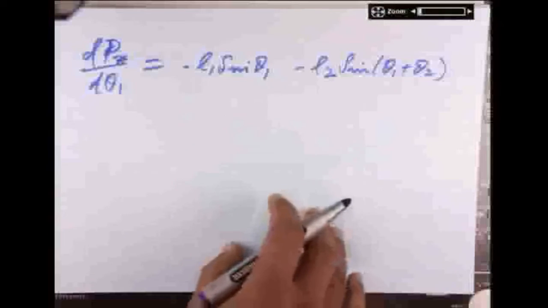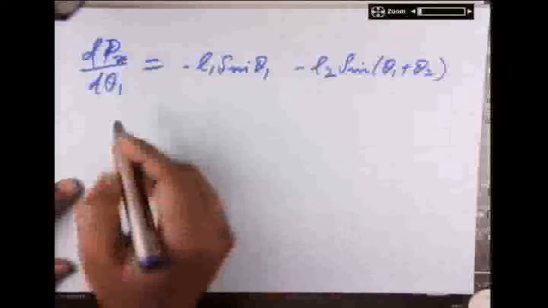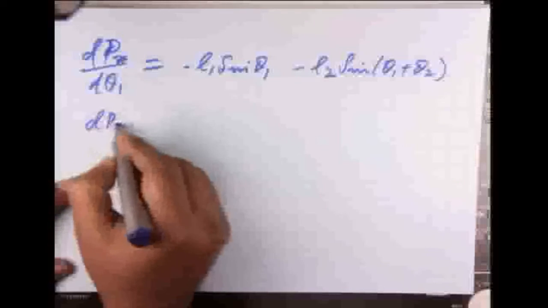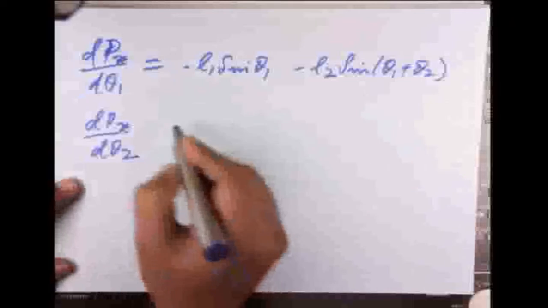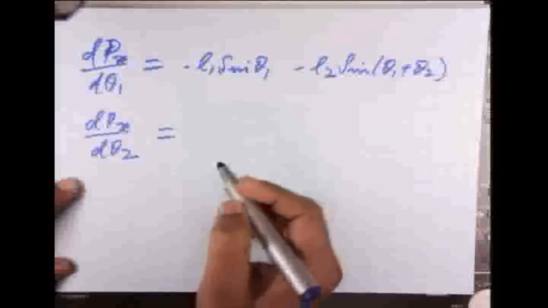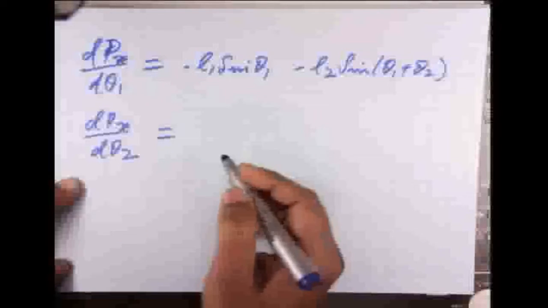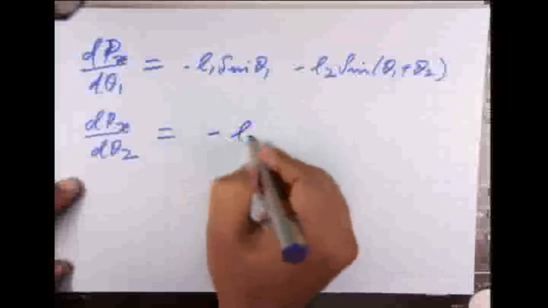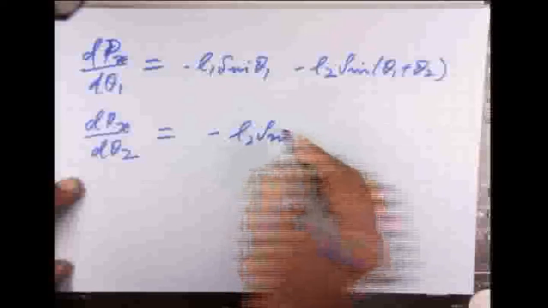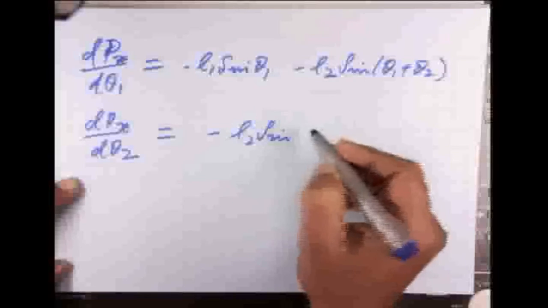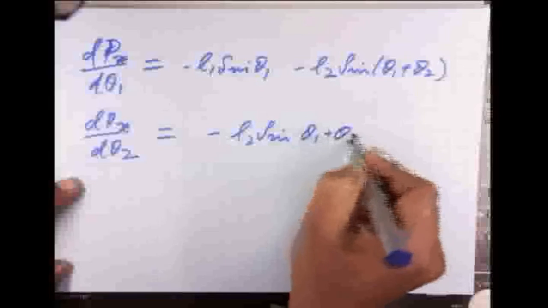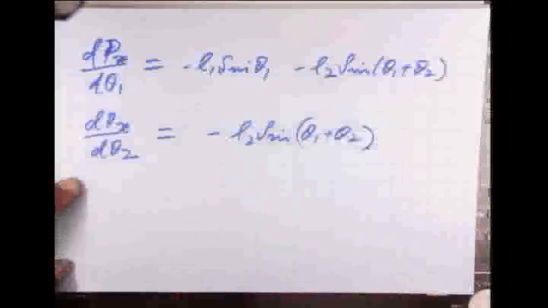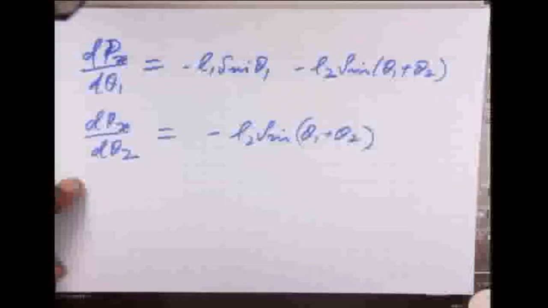Then you take dpx upon d theta 2. Now this one has only one term in there, so L2 sin theta 1 plus theta 2, okay.